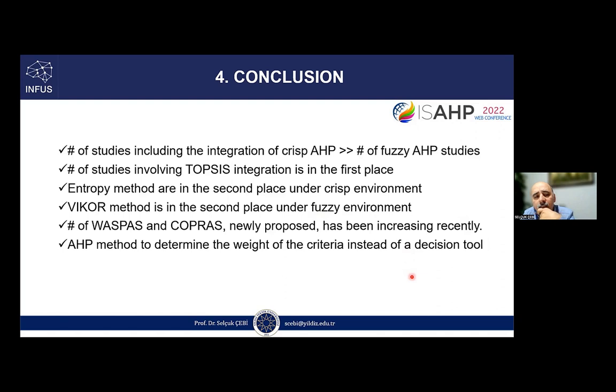And the AHP method, for both crisp and fuzzy environments, is used to determine the weights of the criteria instead of as a decision tool. The main task of the AHP method is to define the weights of the criteria in this integration.